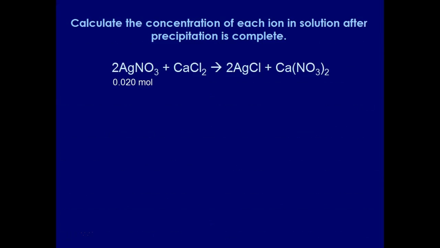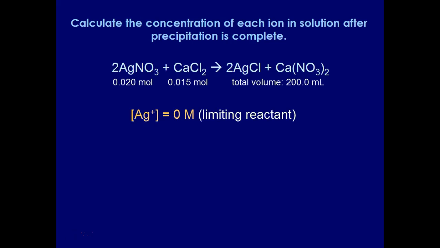So if I move on to the next slide, what I've gone ahead and done is taken the information we got from the previous one, the moles of the 2 reactants, along with the new solution volume. We already determined that silver nitrate was limiting, so because silver nitrate was limiting, the concentration of silver in this solution is now at 0 because it was completely used. For calcium and for nitrate, we have to account for how much calcium we had originally in the new volume.